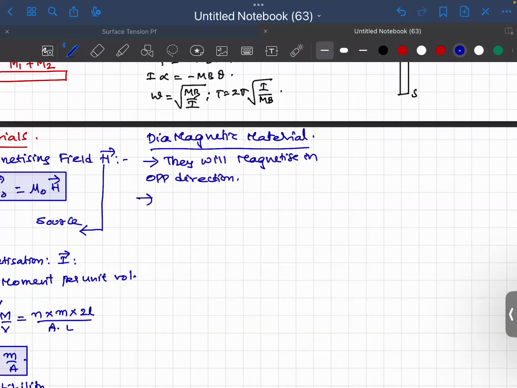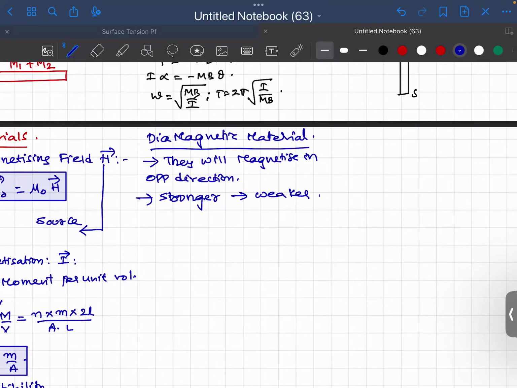In fact, a generally magnetic material will move from weaker field regions to stronger field regions, whereas a diamagnetic material will move from stronger regions to weaker field regions.